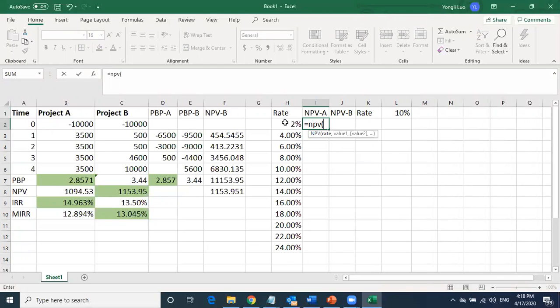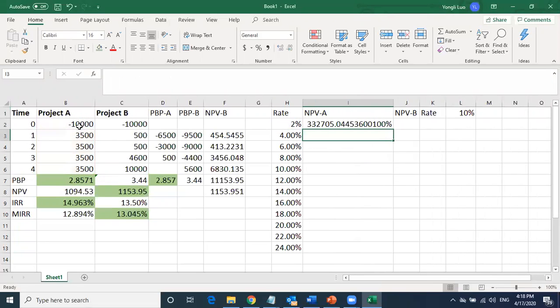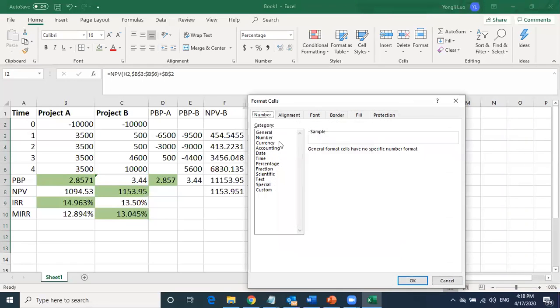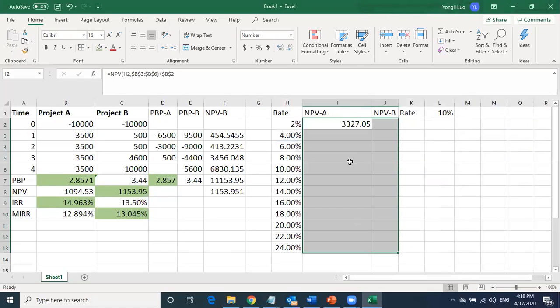We use the rate, select all these values in close parentheses, and add the initial investment. We put the dollar sign. That's the net present value for project A. We format this as numbers, keeping two decimals.